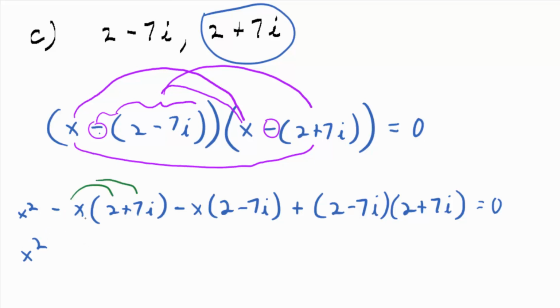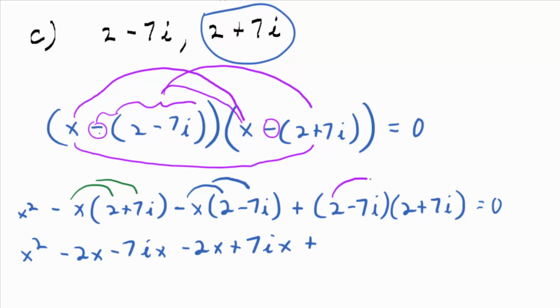I distribute out the minus x, and I get minus 2x minus 7ix for that first guy, and then distribute out the minus x here, and I get minus 2x plus 7ix. And then I multiply the two conjugates together. Do I have to worry about the outer and inner terms when I multiply conjugates?